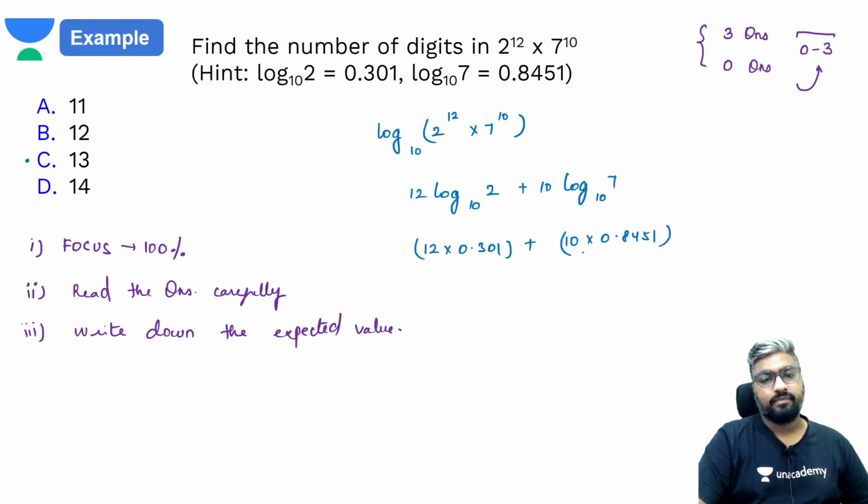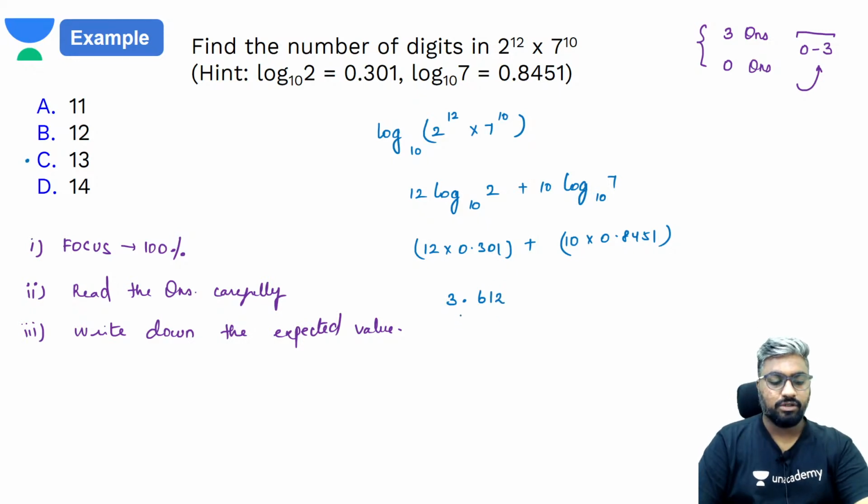0.8451. This is what? 12 into 0.301 is 3.612. Correct? And plus this will be 8.451.